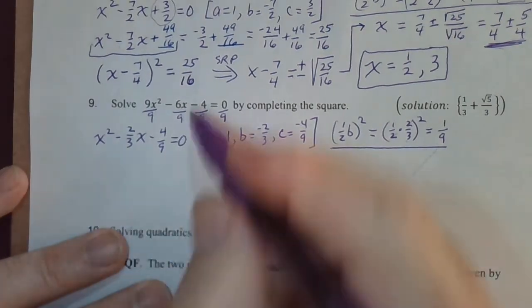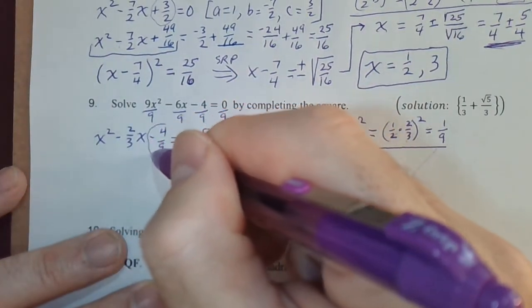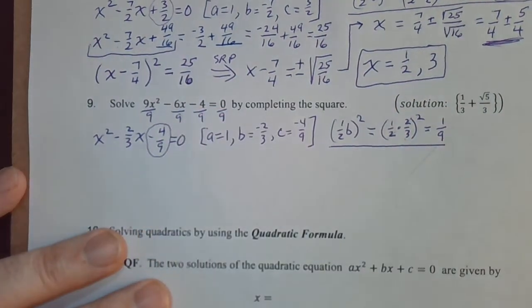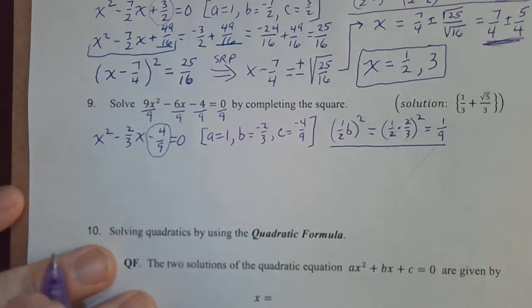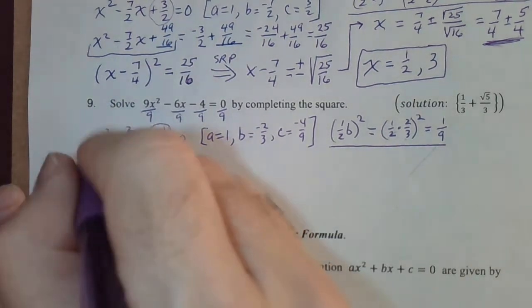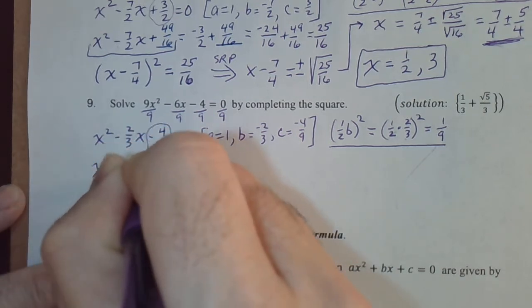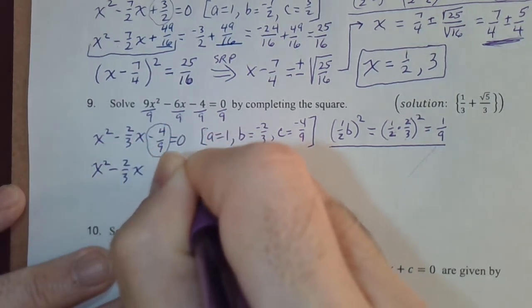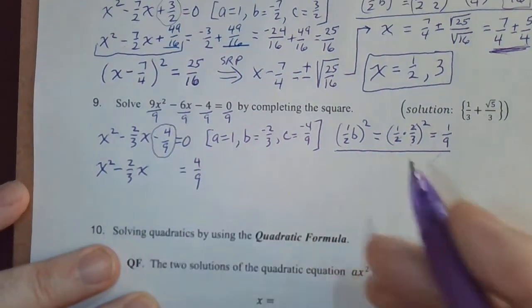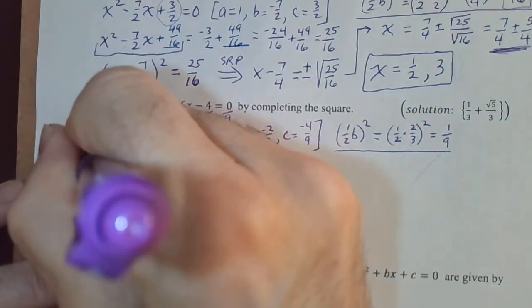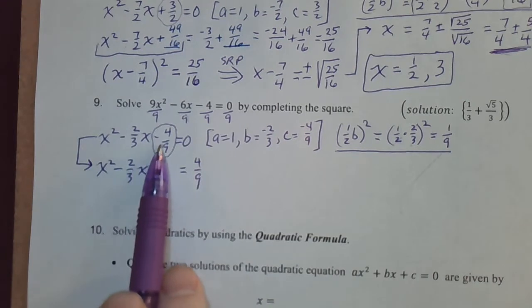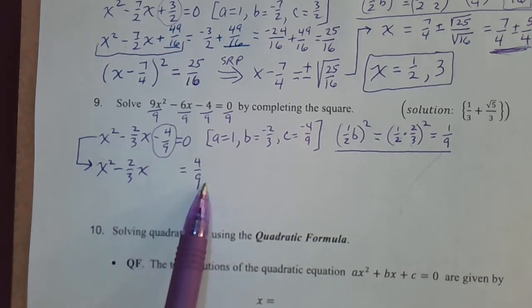But first, we do what we did in the previous problems. I need to get rid of that first. Add 4/9 to both sides. So I get x squared minus 2 over 3x, leave some space, equals 4 over 9. All I have done from here to there is add 4/9 to both sides.